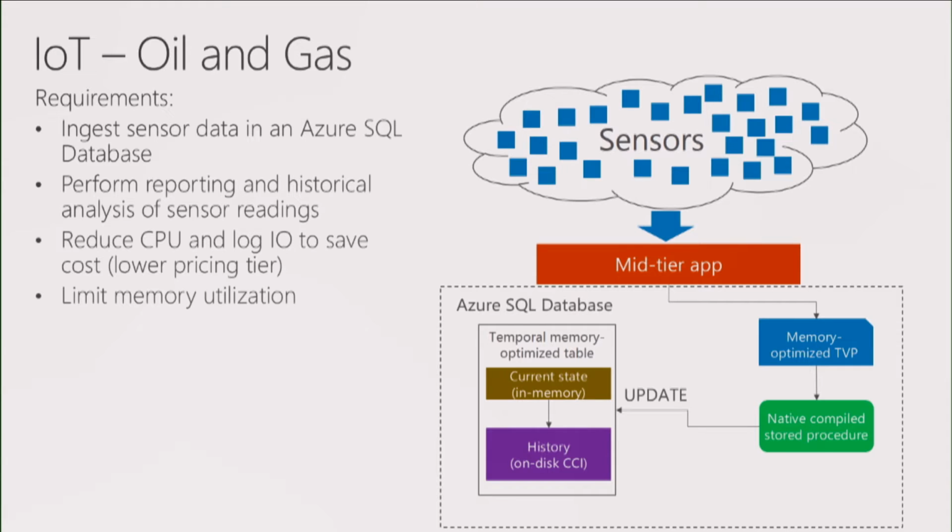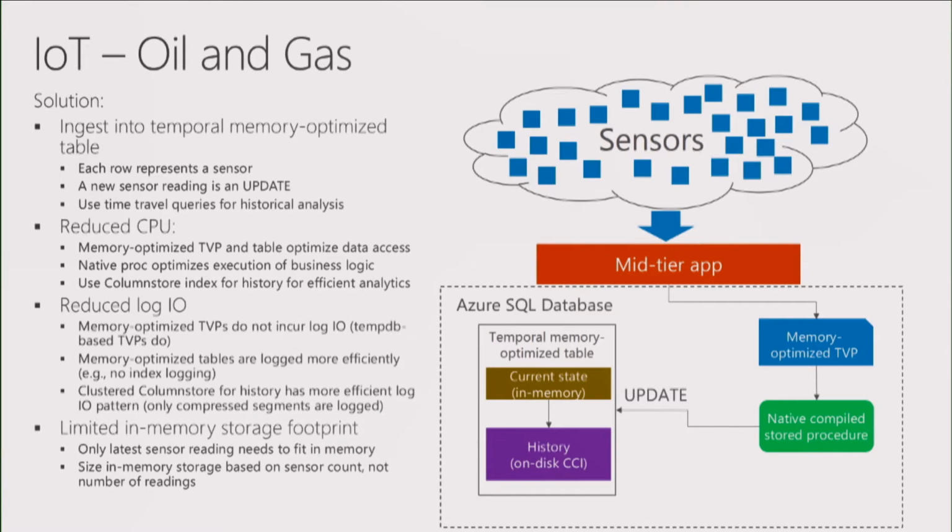In this case, the memory-optimized table is a temporal memory-optimized table, meaning that only the current state of the sensors is kept in memory, the history is kept on disk, and this process of moving from memory to disk is managed by SQL Server. This also allows them to keep the footprint, the memory footprint rather, in check.